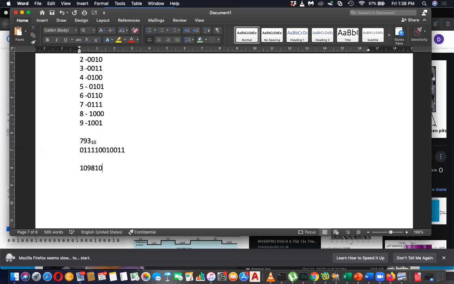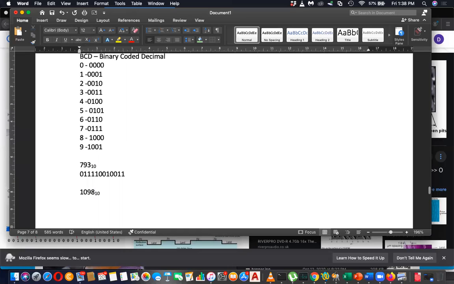When you get a decimal number, the computer can easily translate it without dividing, by using BCD codes. 1 means 0001, 0 means 0000, 2 means 0010, 9 means 1001, and 8 means 1000. So you are using this easy method to convert. But this is not a mathematical decimal to binary conversion.